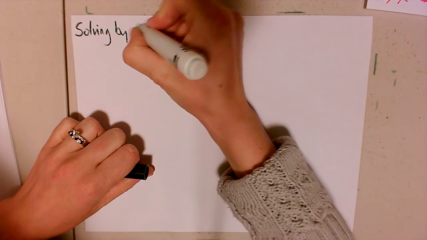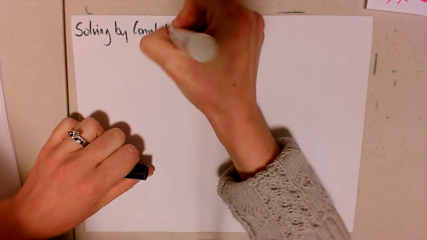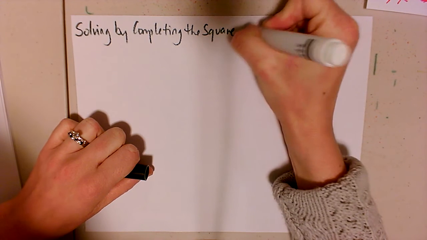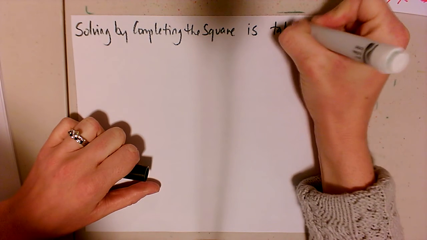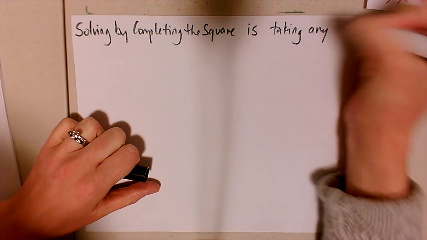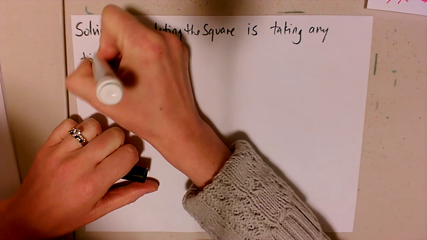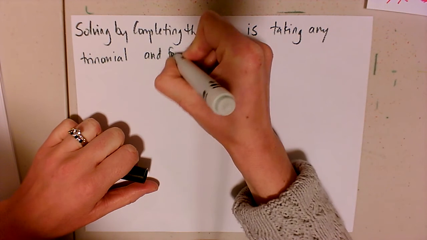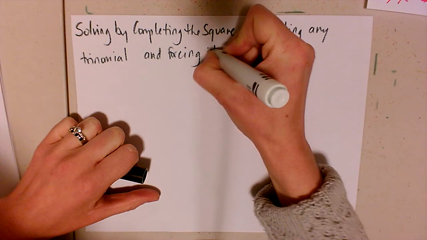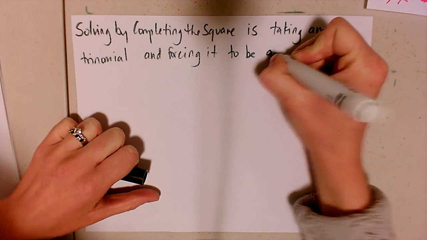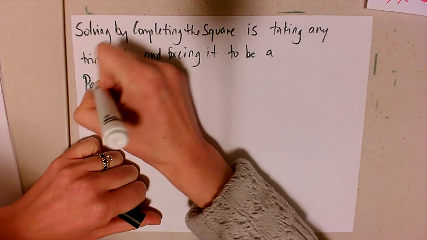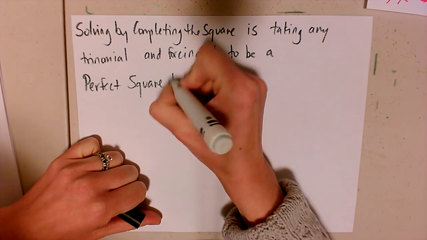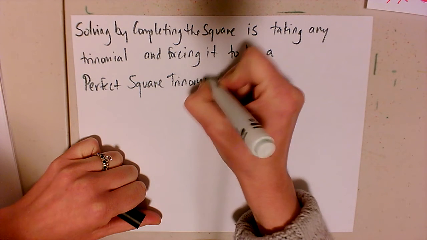Okay, so we can say that solving by completing the square is taking any trinomial and forcing it to be a perfect square trinomial.